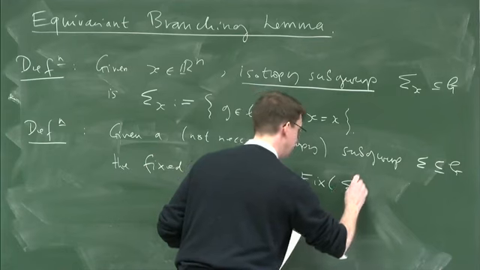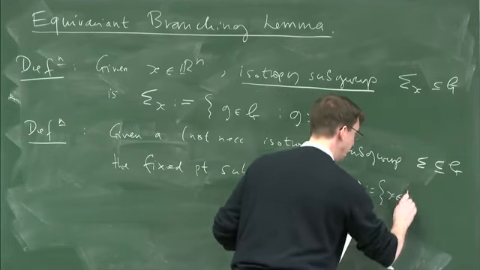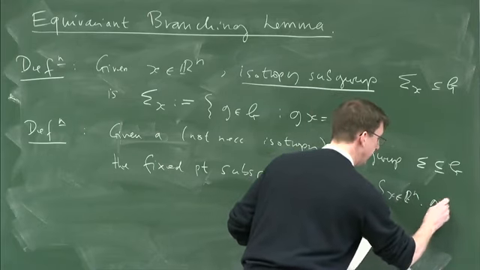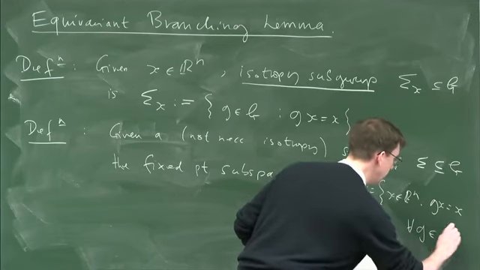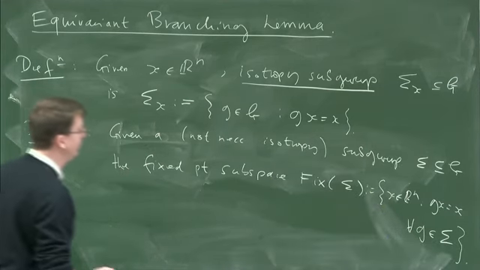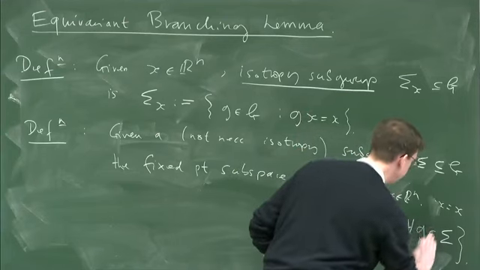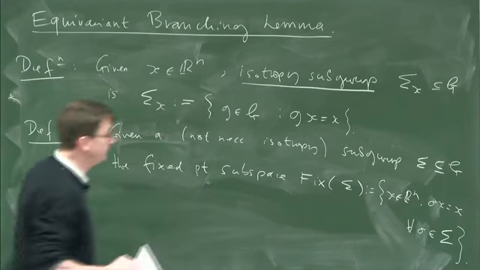So this is fix of sigma, and this is just a collection of points in my phase space that satisfy Gx is X for all G in sigma. Should be a little sigma in big sigma.